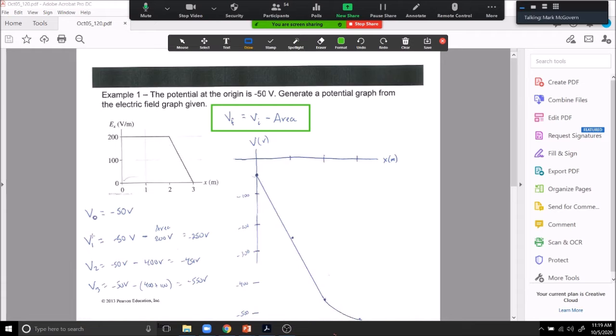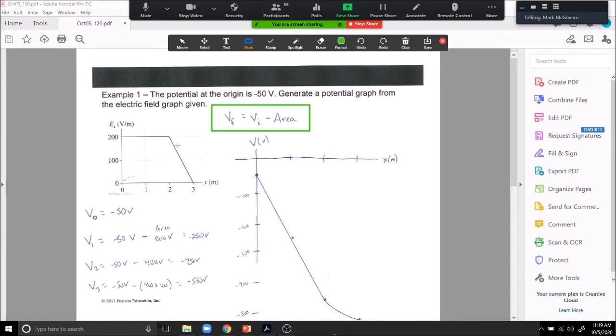So I can work out a potential at 1 meter, 2 meters, and 3 meters by just adding up these pieces. Now I'm trying to develop a graph, right? So to do that, I got options. My options are to turn these into functions and integrate them.